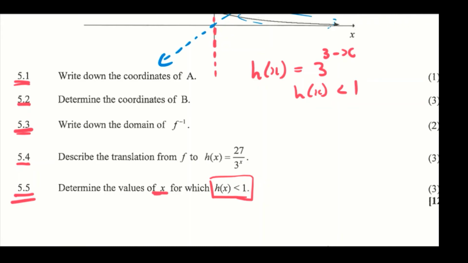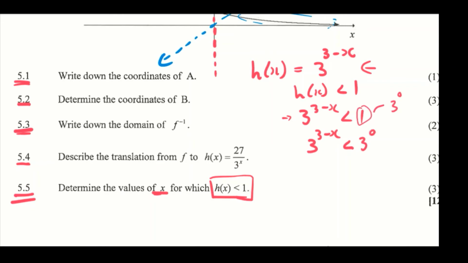So you can simply substitute this same equation and say 3 to the power of 3 minus x less than 1. We can use our logs, with base 3, or we can simply change the 1 to 3 to the power of 0.